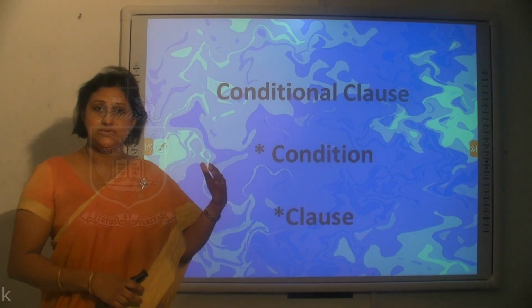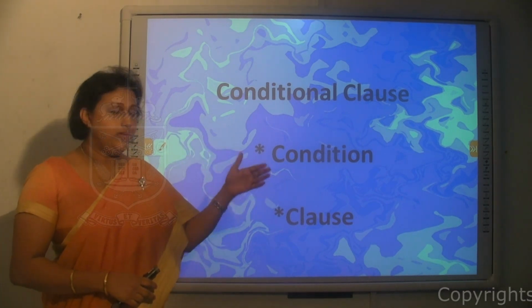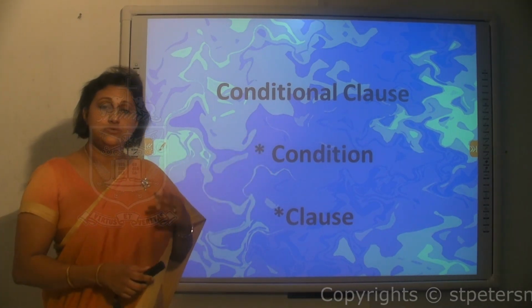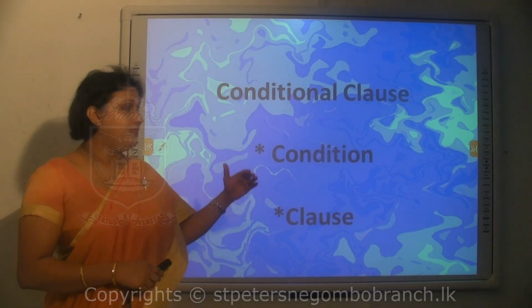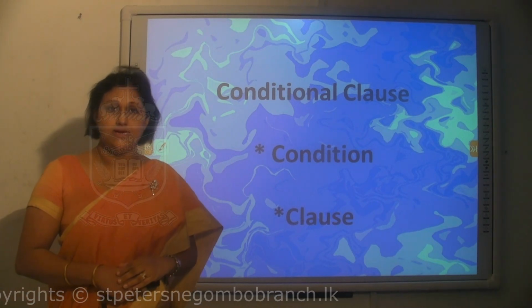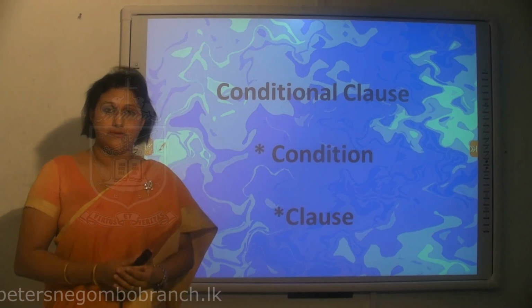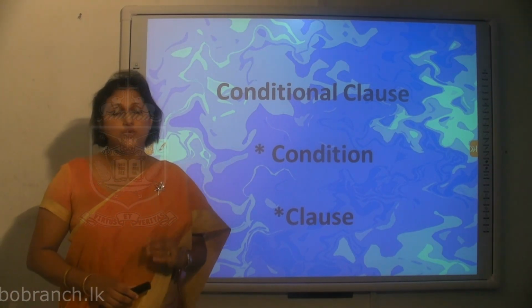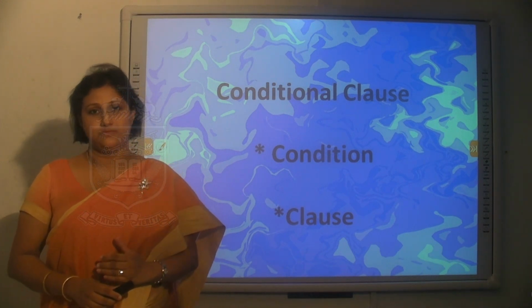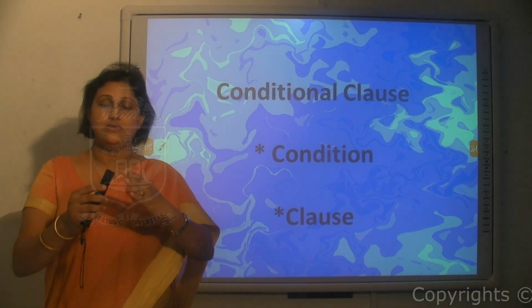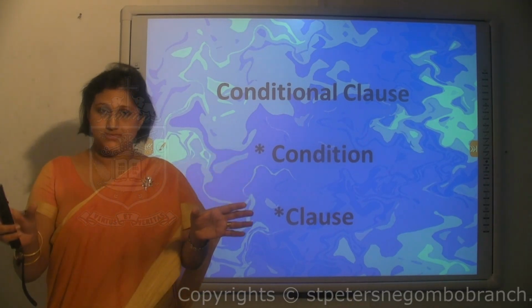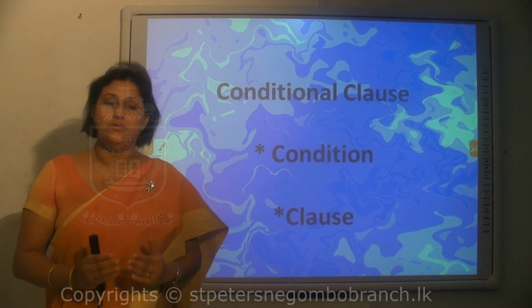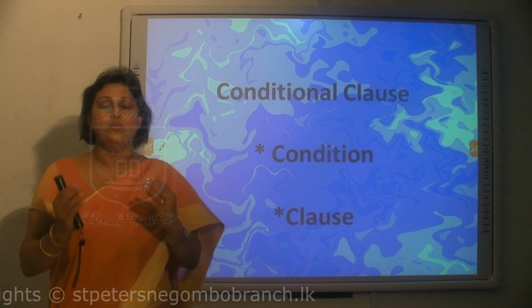So when you use this word conditional clause, we can divide it into two sections, condition and clause. So before I move on to this, I'll first brief you on the background. You know there are 26 letters of the alphabet. Out of these letters, we can divide into two sections, vowels and consonants. With the help of the vowels and the consonants, we make words.